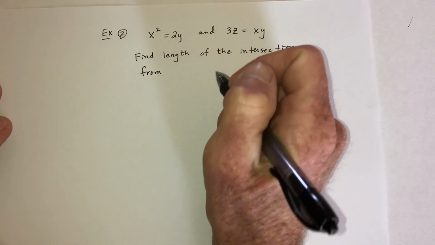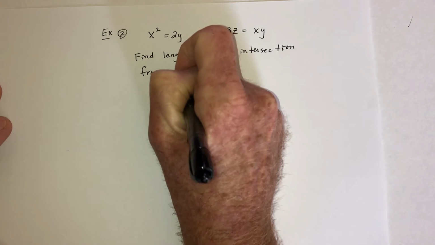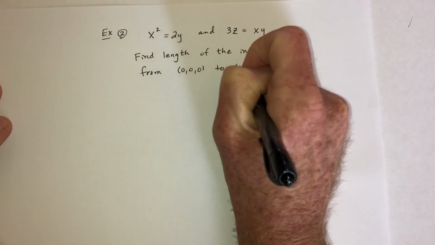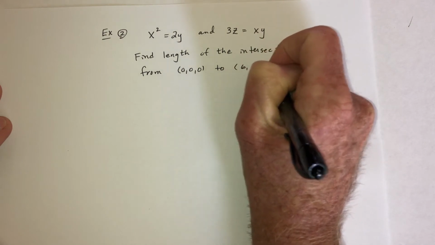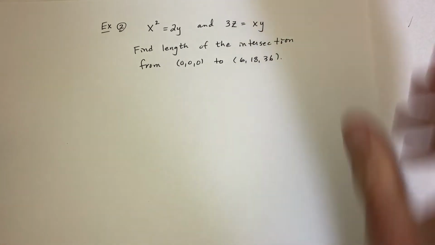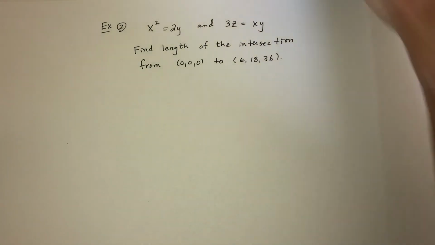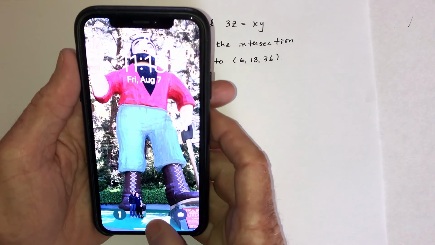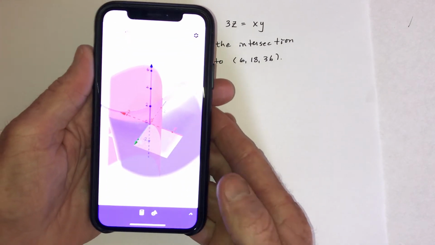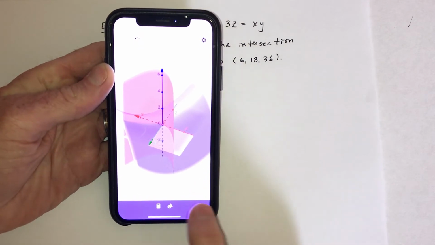And they intersect forever, so it's just going to go from the origin to 6, 18, 36. So this is the extra part, which we're definitely going to be using a lot in the future. So these are the surfaces. Hopefully you can see that without too much of a glare.